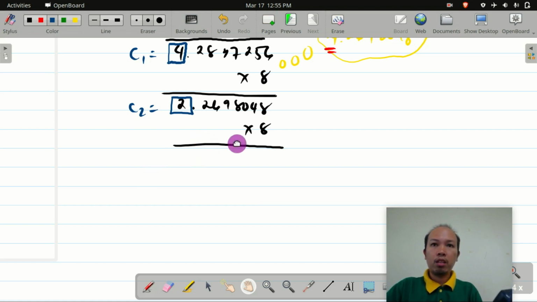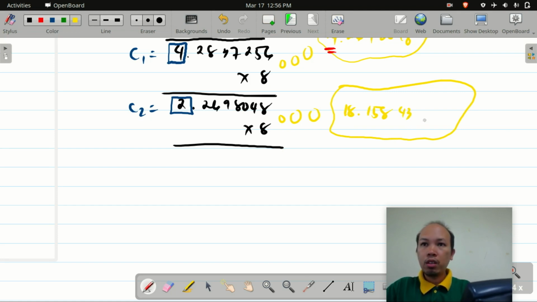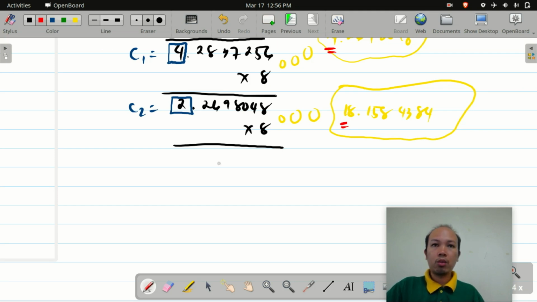So we have 18. A bubble thought here, we have 18.1584384 using my calculator. And this in octal, we have 18 minus 8 minus 8. So again, this is 2.